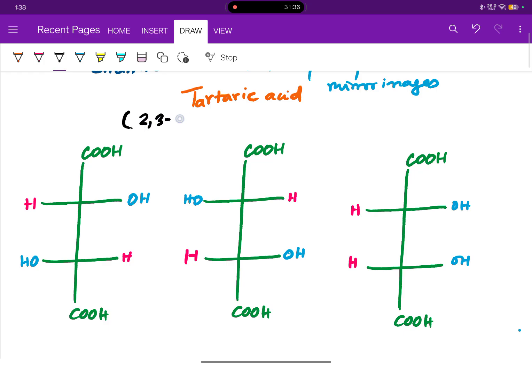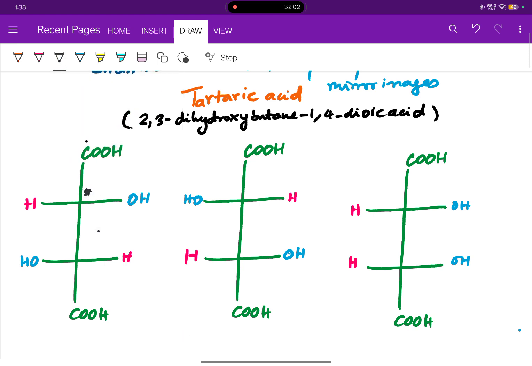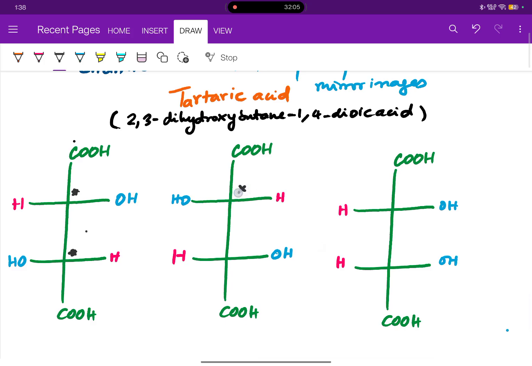There is nothing else, it is 2,3-dihydroxybutane-1,4-dioic acid. That's all, that is its name. 2,3-dihydroxybutane-1,4-dioic acid. This is tartaric acid. So now how many asymmetric carbons are there? This is one asymmetric carbon, this is another asymmetric carbon. I have put a star, see. Correct. Here also you have asymmetric carbon. Please make a note.